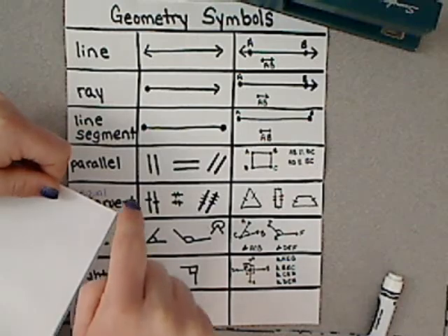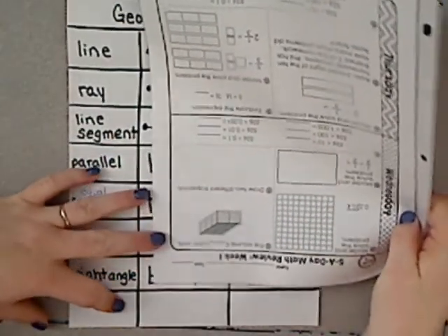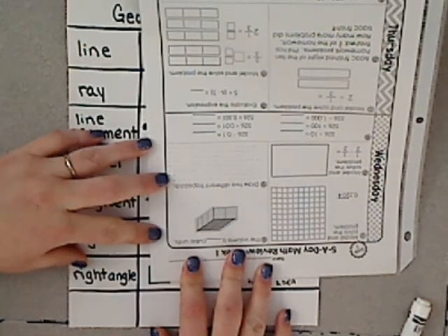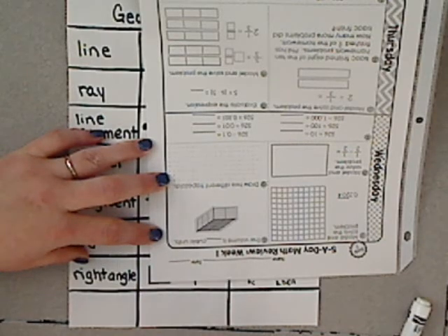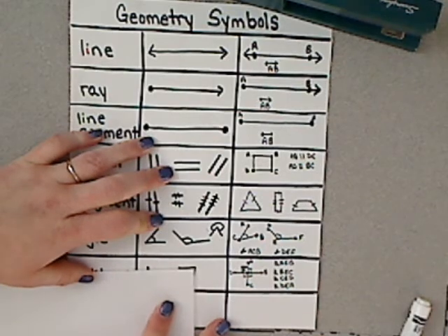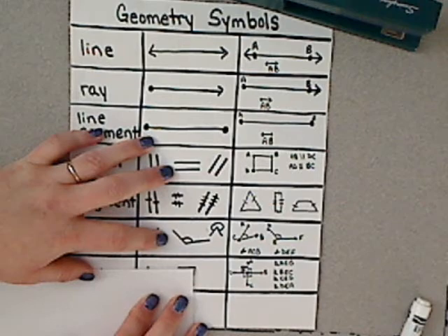A piece of paper has a perfect right angle. All you have to do is line up the paper in the corner of the angle, and if you see that perfect L, then it is a right angle. It doesn't matter what direction it faces. Okay? That's still a right angle.